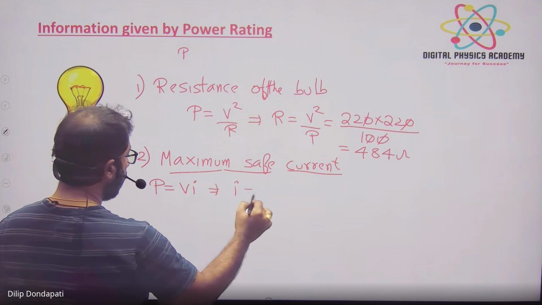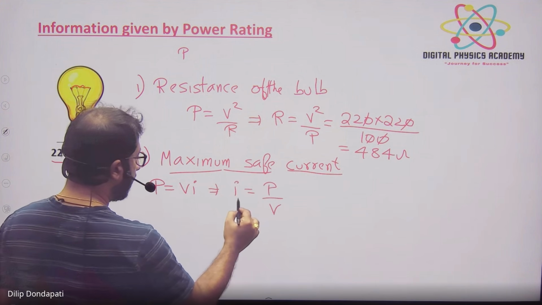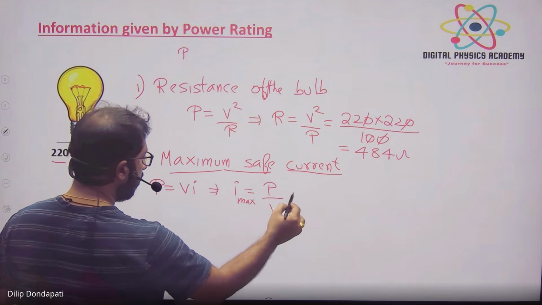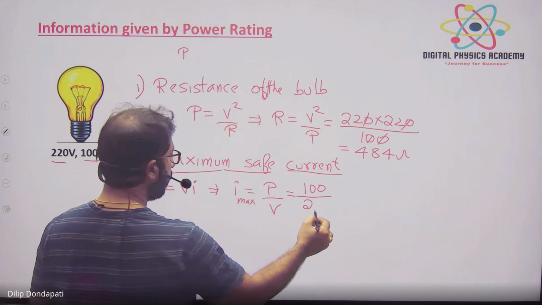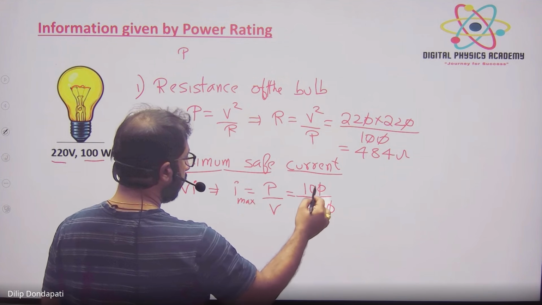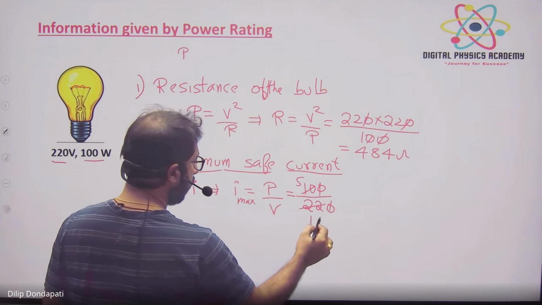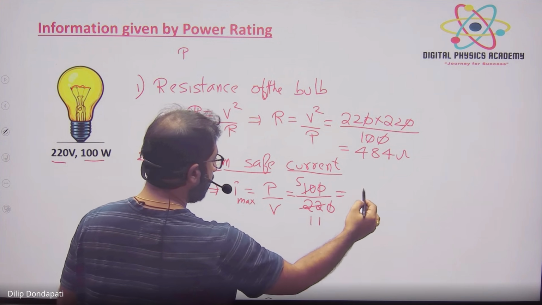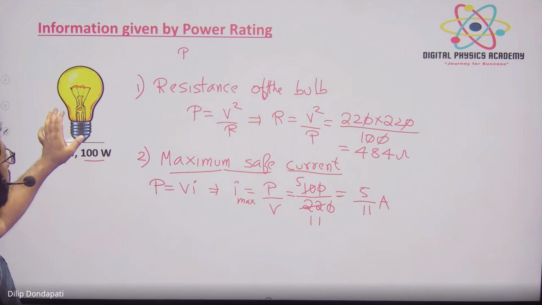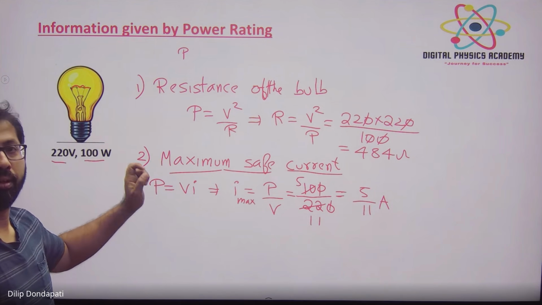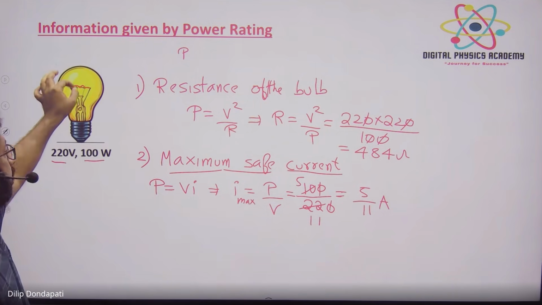I is equal to P by V, and this is the maximum current we are trying to find, because maximum rating we are putting, right? 100 by 220 volts. So 2 5 is 10, 2 11. So 5 by 11 amperes. So this is the maximum current the bulb can withstand. अगर इससे ज्यादा करंट होगा तो ये फिलामेंट will break.